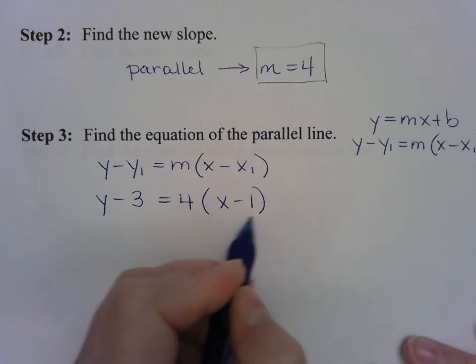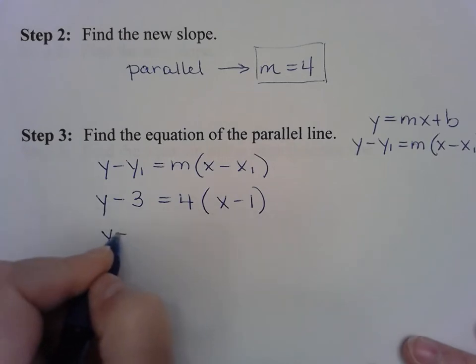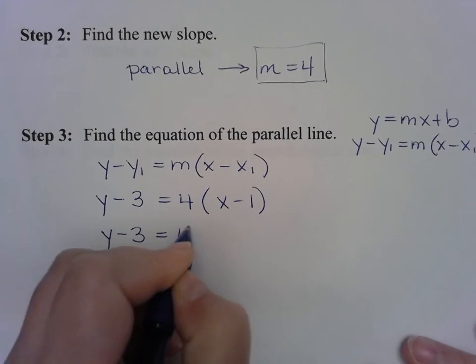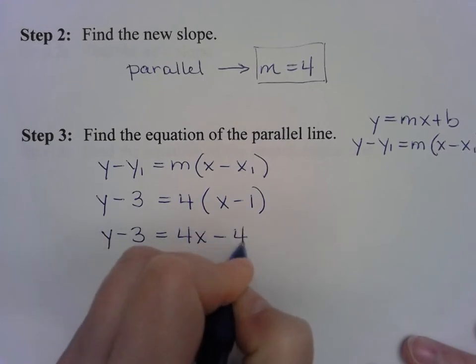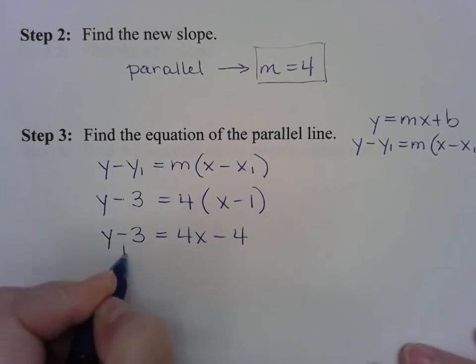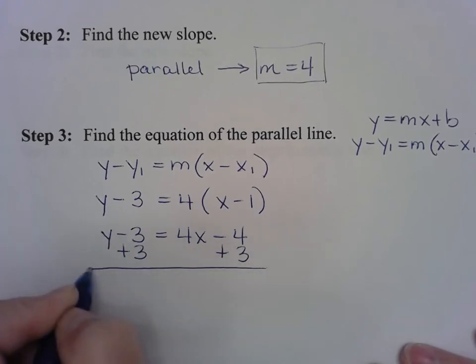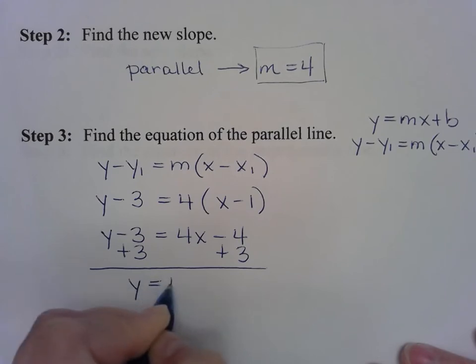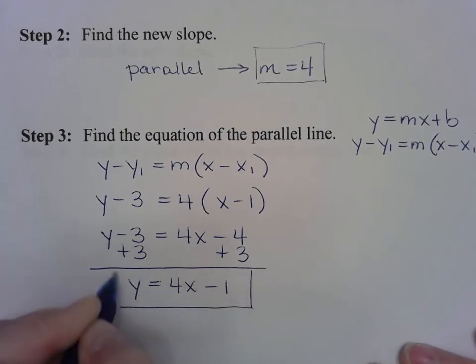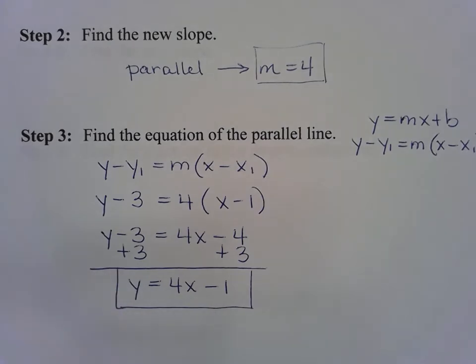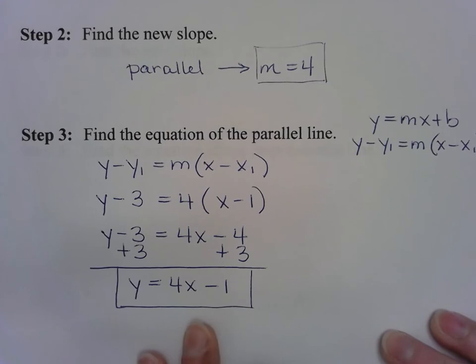So I'm going to distribute my 4, and I'm going to add this 3 over to the other side. So this is our equation of that line that is parallel to the first one.